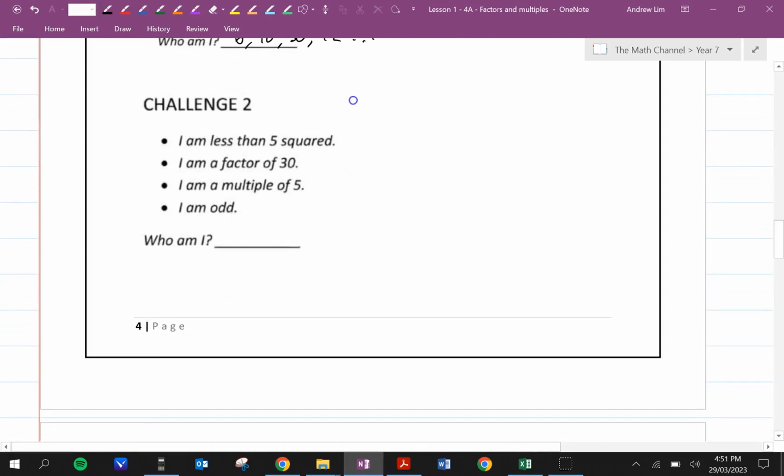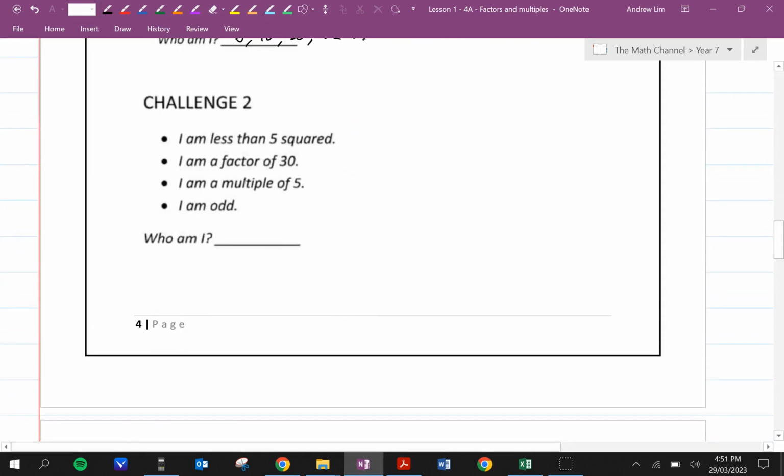What about challenge 2? I am less than 5 squared, so less than 25. I'm a factor of 30. So factors of 30 are 1 and 30, 2 and 15, 3 and 10. I am a multiple of 5. So that means we can start eliminating now.